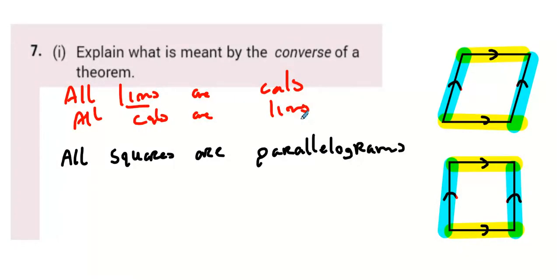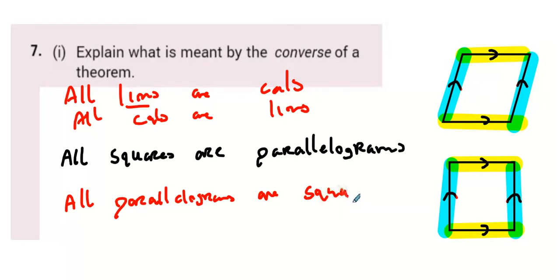All squares are parallelograms, but all parallelograms are not squares. Sorry, I actually have to write down all parallelograms are squares, and we just say that's false, isn't it? So this is an example of a converse of a theorem.